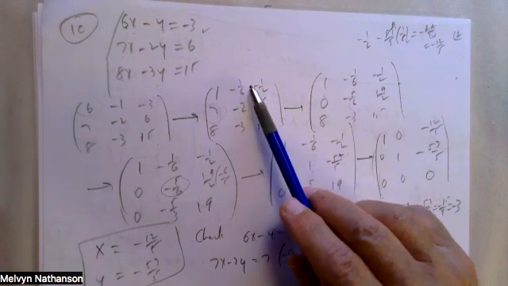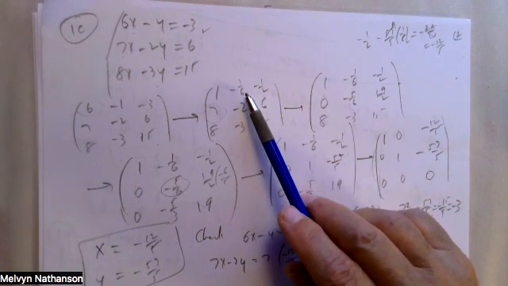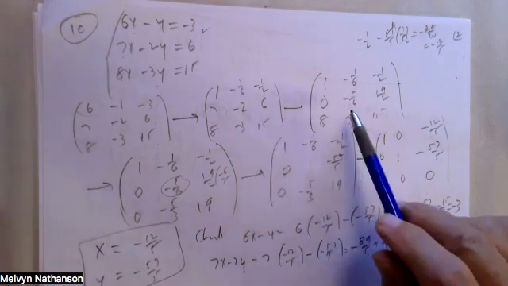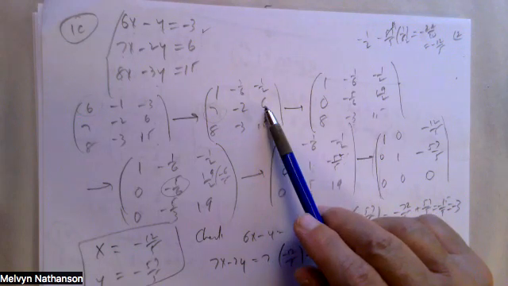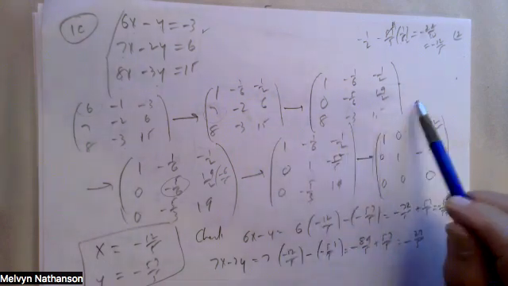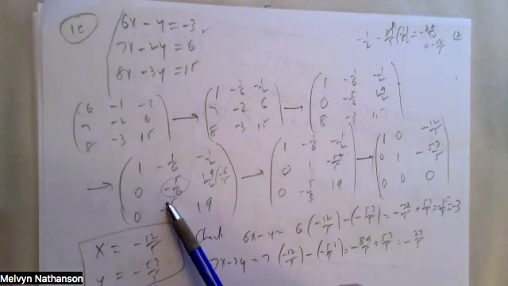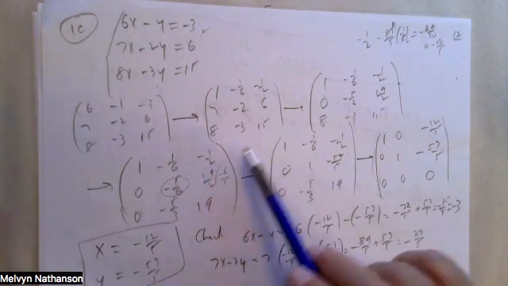So I get minus 7 over 6 plus 1, which is minus 5 over 6. And 7 halves plus 6 is 7 halves plus 12 halves, 19 halves. So this looks okay.